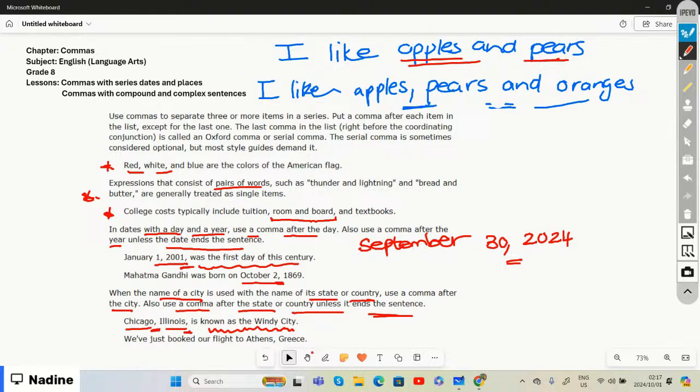We added a comma after the state because there are more words added about the city as well as the state. But if we write the city and the state with no other words afterwards, we end it with a period. For example, we've just booked our flight to Athens, comma, Greece, period.